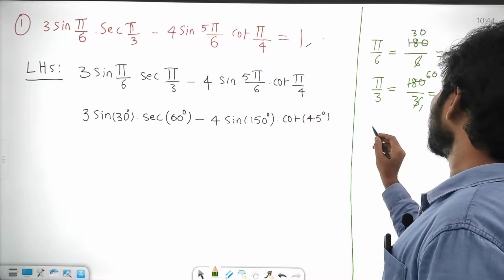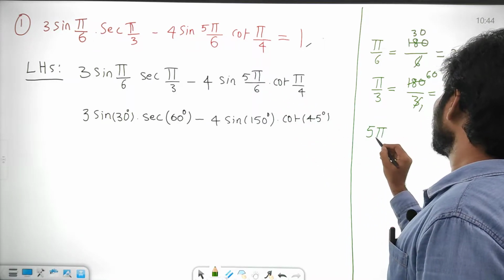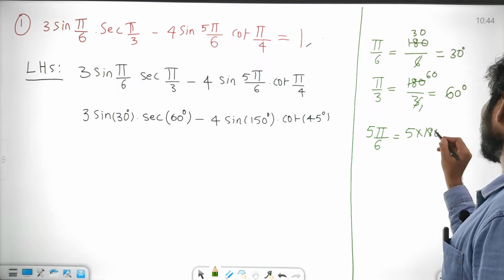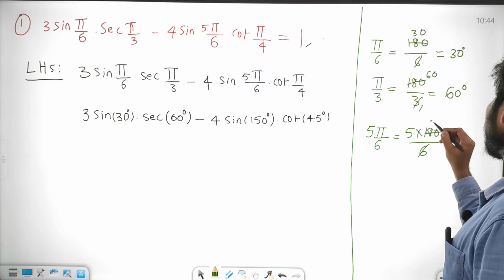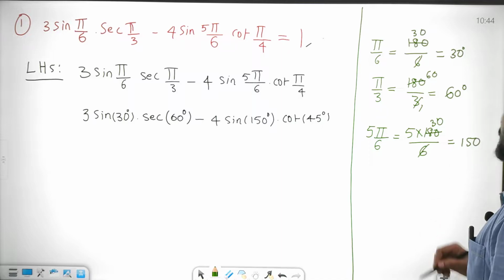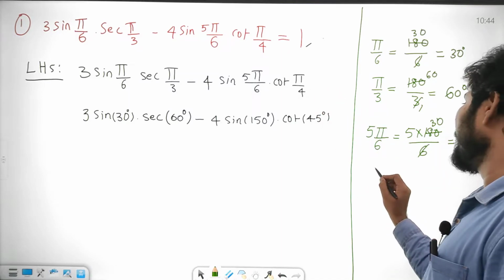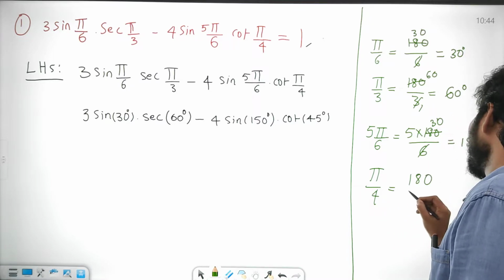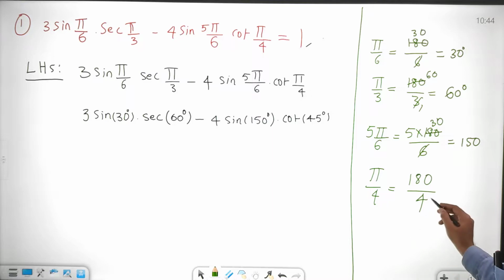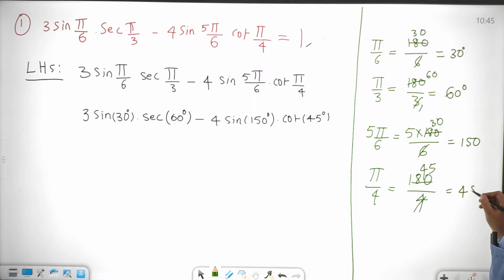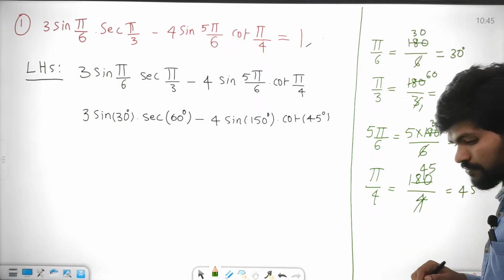Again 5 pi by 6: 5 into 180 divided by 6, 6 30s, and 5 30s are 150. Similarly, pi by 4 is 180 divided by 4, which is 45. So the answer is 45 degrees.